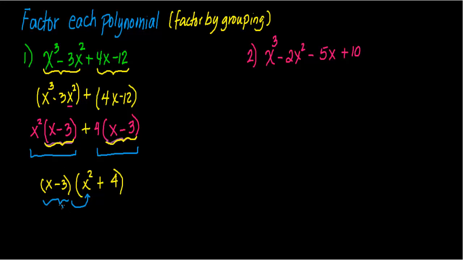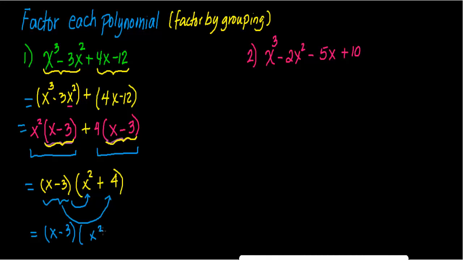And when you multiply that term times this term, you will get the second term. So this will be your final answer: x minus 3 times x squared plus 4.